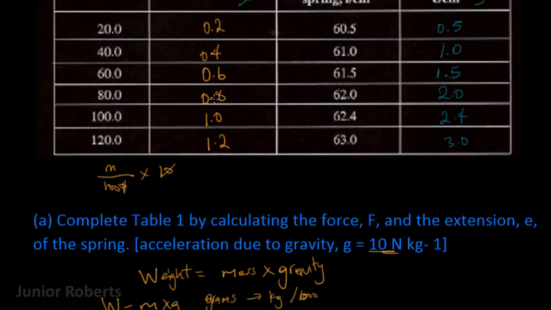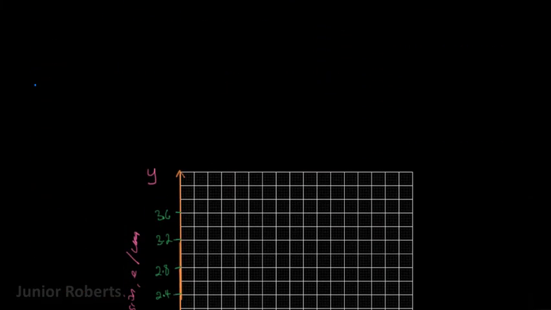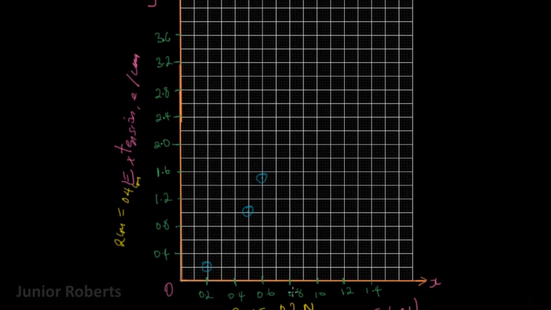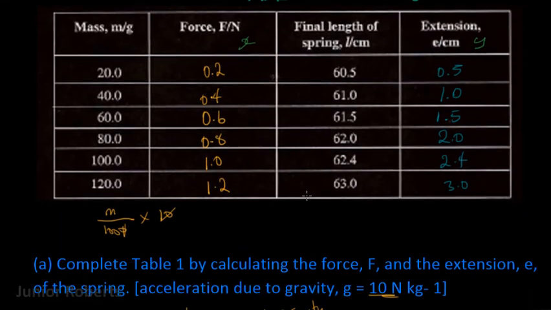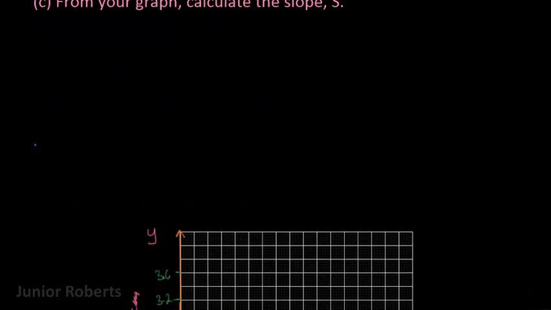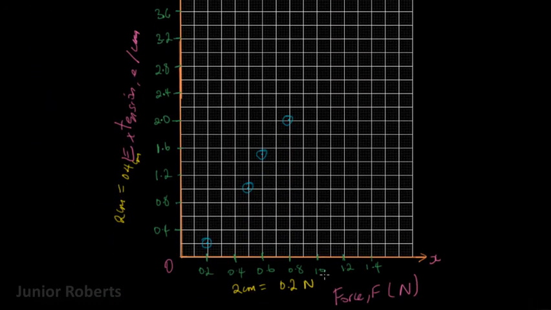Then we have 0.8 goes to 2.0, which should be right here. And then 1.0 goes to 2.4.